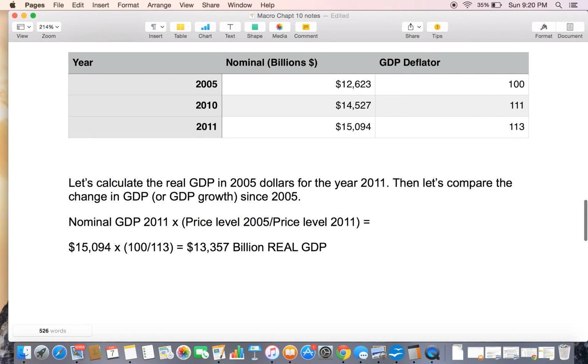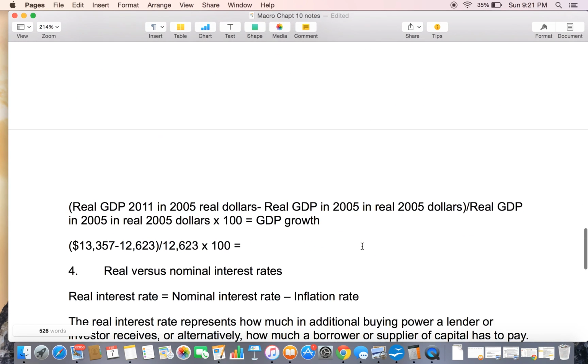Okay, so now that we have our real GDP figure in 2011 and we have our real GDP figure in 2005, we don't have to adjust this because we're using the year 2005 as our base year, and therefore it's appropriate to make the comparison without adjusting it because 2005 is the base year. You can see that because it's 100 for the GDP deflator.